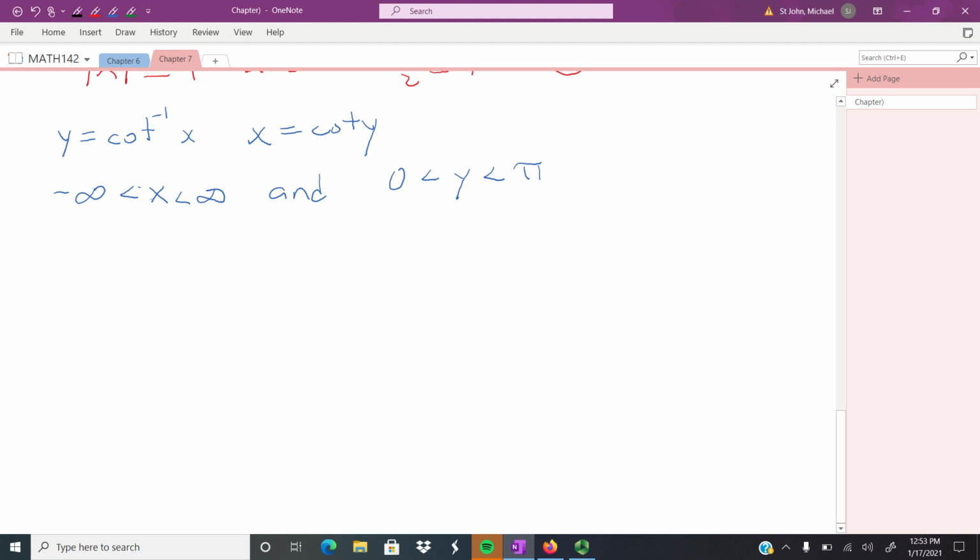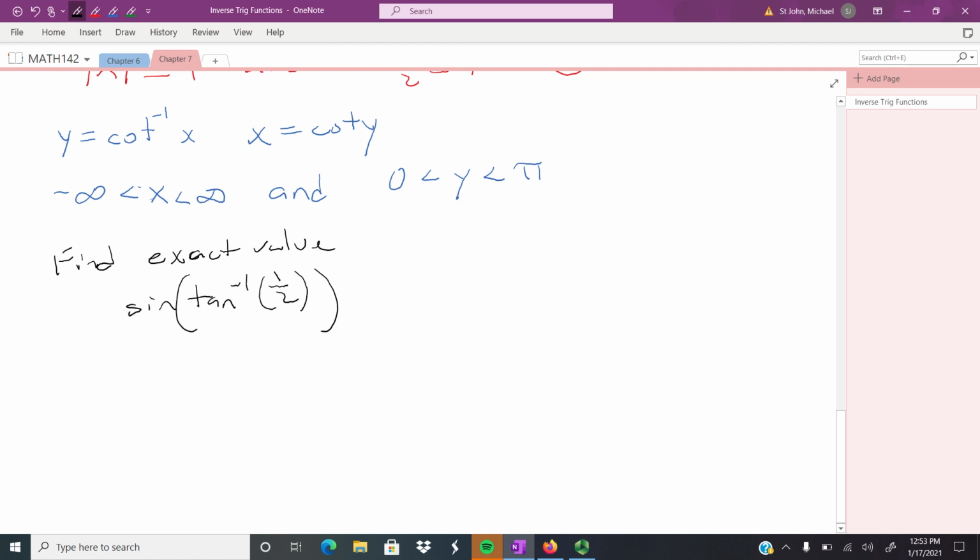So let's say we had a question like this. Find the exact value, the sine of the inverse tangent of 1/2. All right. So if that's true, then that would mean that theta is going to be the inverse tangent of 1/2.